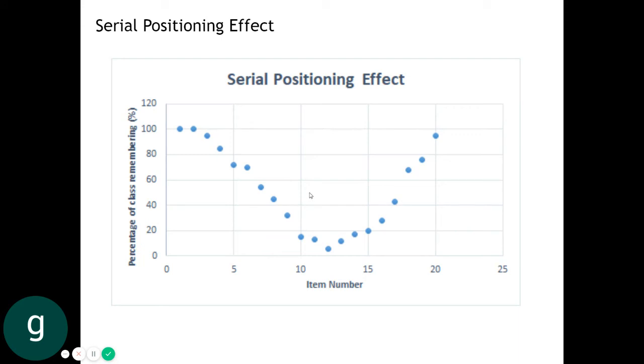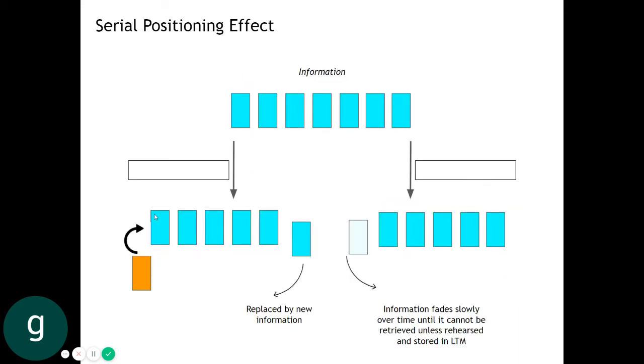As stated before, the short-term memory has around a 7-item capacity. If more information is added, then this displaces earlier information, which is lost from the memory and cannot be retrieved. Another feature of the short-term memory is that information that is remembered fades slowly over time in what is known as decay.